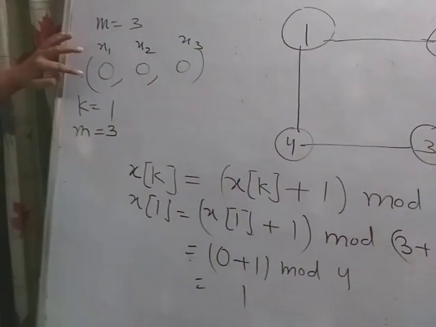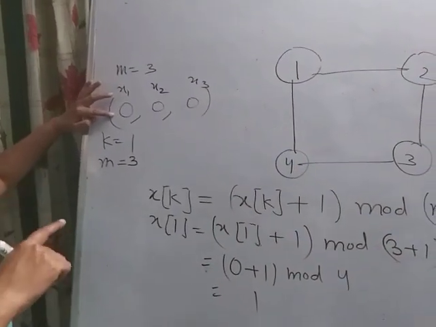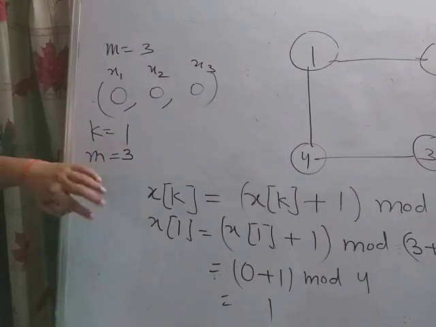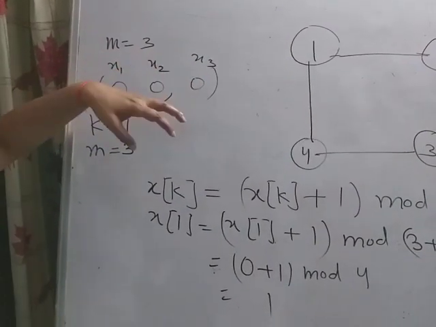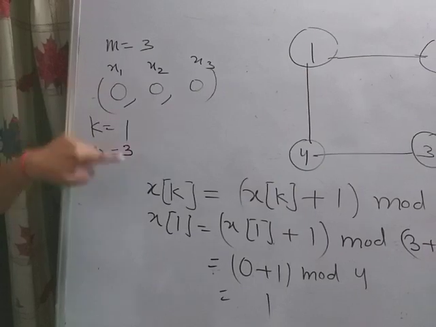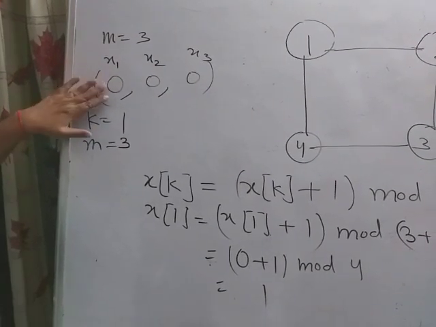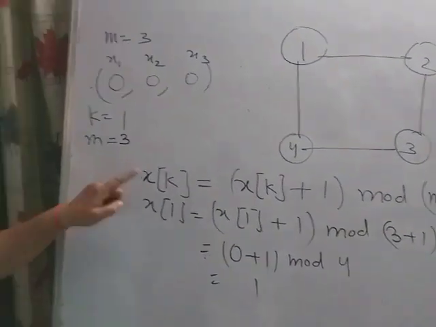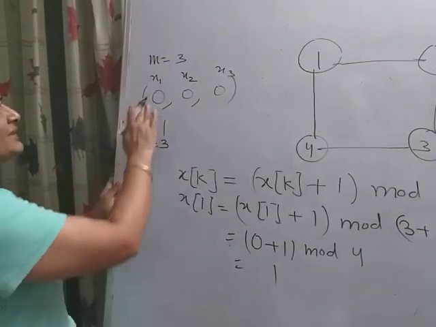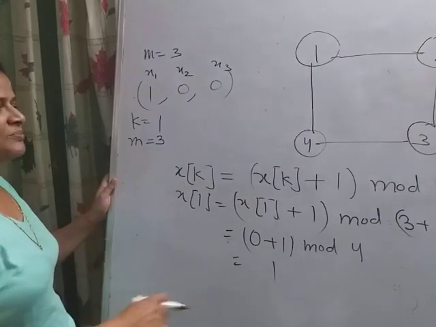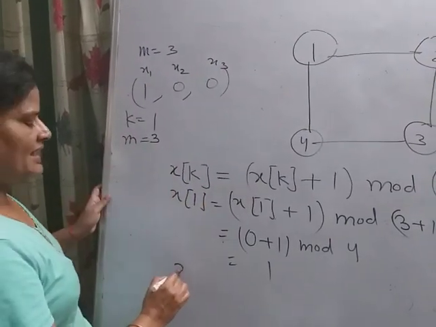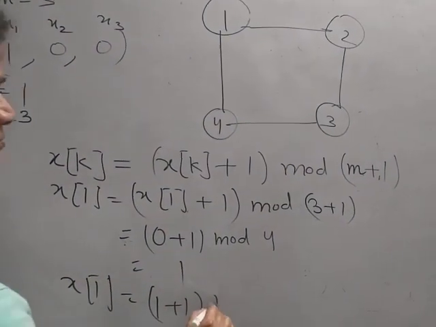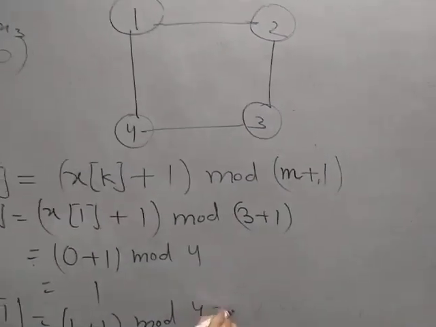Previously the first vertex had color 0. Now the next time, because it will generate all possible colorings, it will check all possibilities. If 0 is not feasible, then first it will give 1. Next we apply the same formula again. Now x1 is 1, so x1 equals 1 plus 1 mod 4, that is 2.